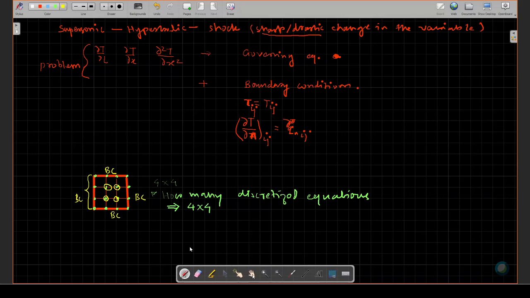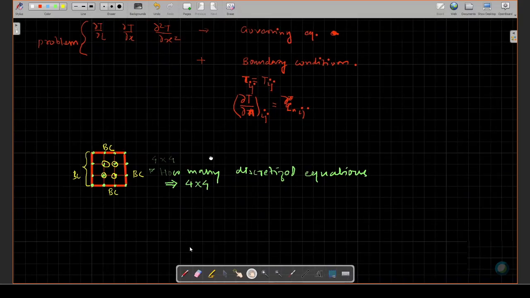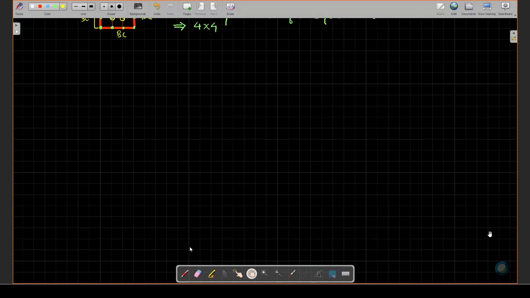So having said this, let us take an example. Consider a first order wave equation.